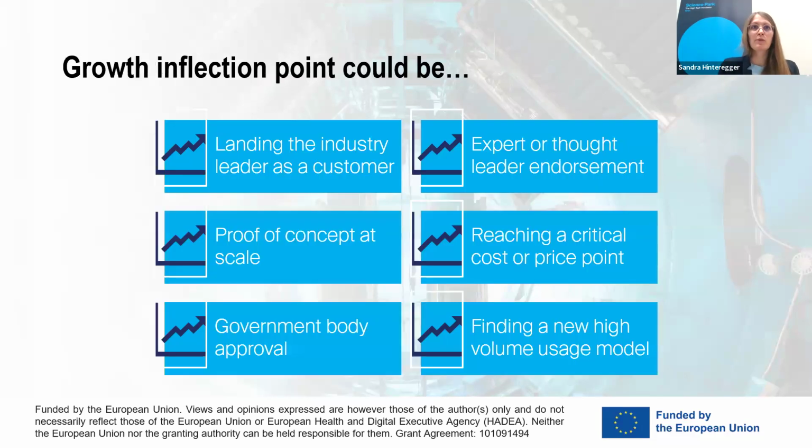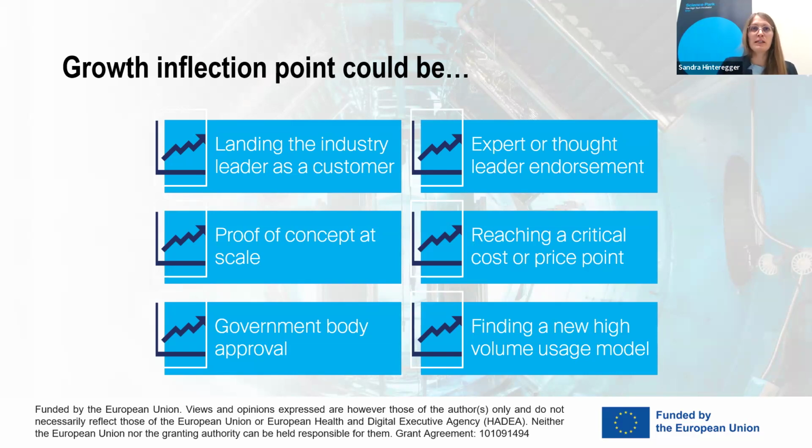Some examples for a growth inflection point could, for instance, be that you're able to land the industry leader as a customer. So in a B2B company, for instance, that you gain an important customer, and this gives your sales volume a boost, and furthermore leads other customers to adopt your solution as well.